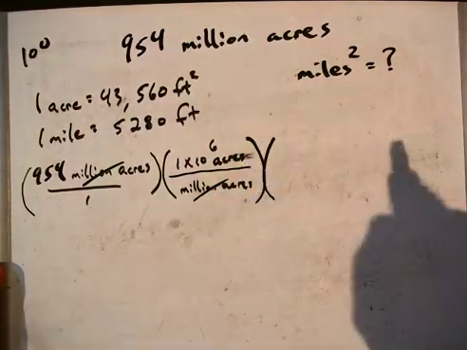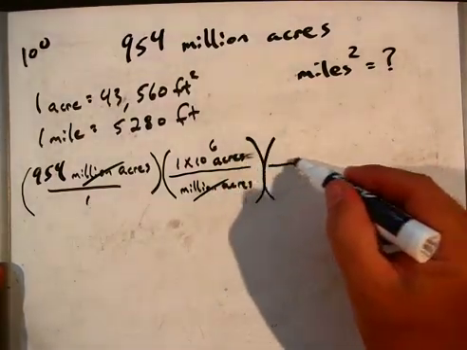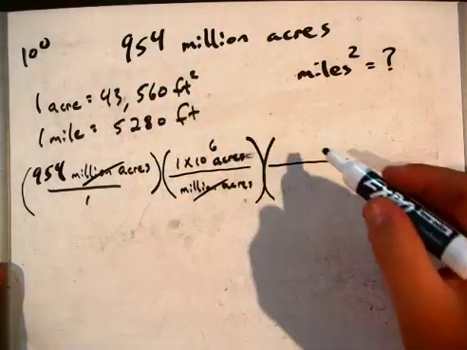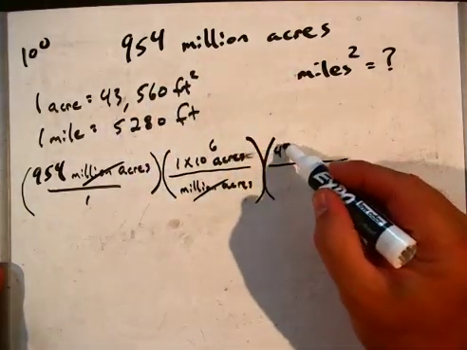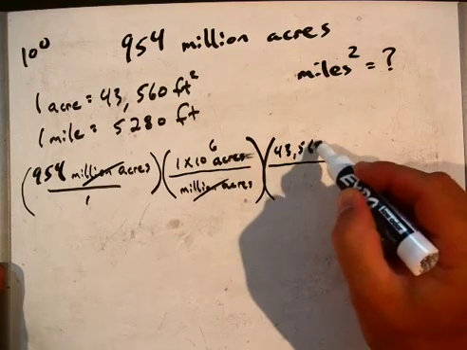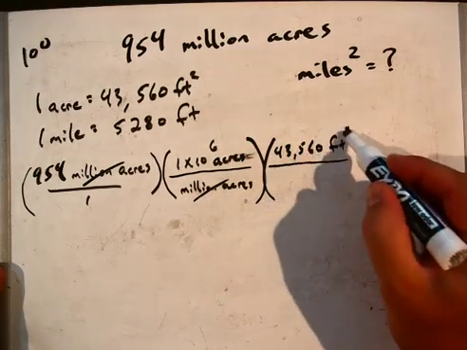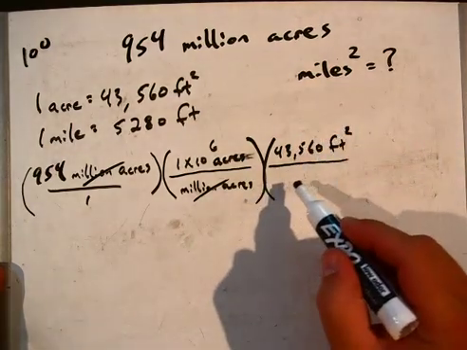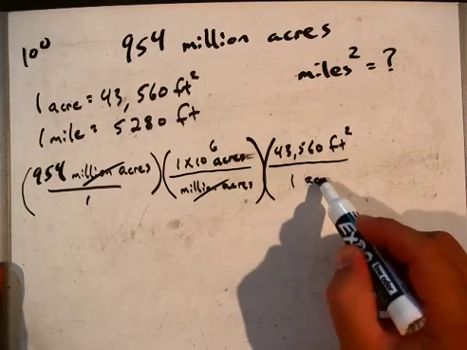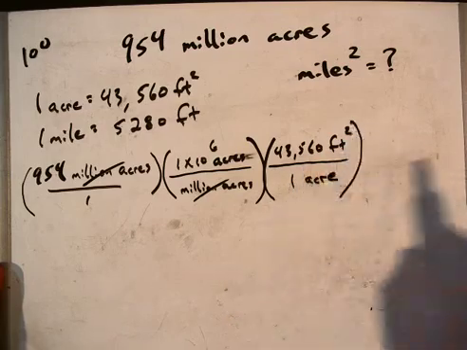Now that we're in acres, we can get into feet squared using our conversion. There's 43,560 feet squared for every 1 acre.